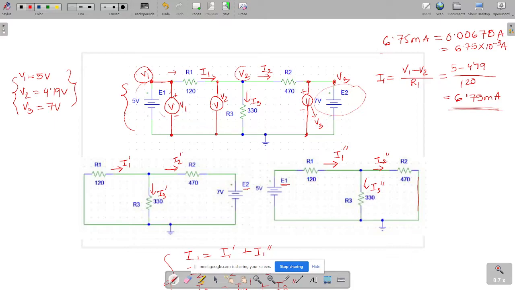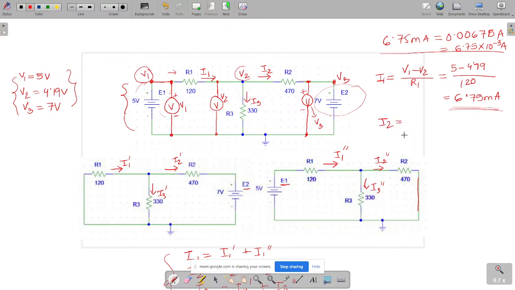So instead of writing 6.75 into 10 inverse 3, we can directly write 6.75 milliampere. Okay, so I1 is 6.75, and what about I2?